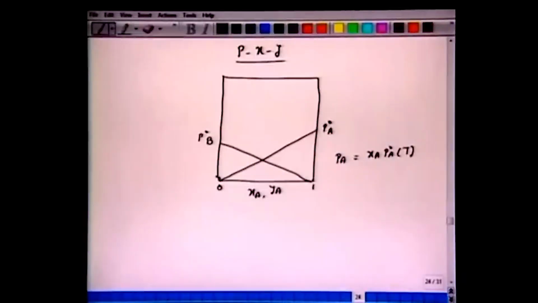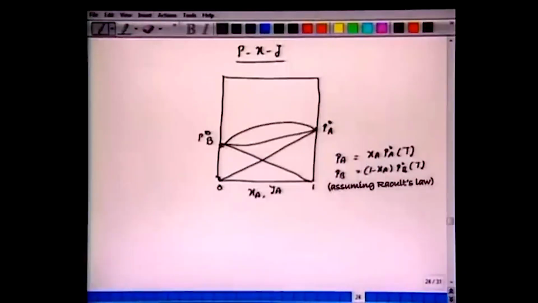So it's linear. Similarly, the partial pressure of B would be 1 minus XA times the vapor pressure of B. So with this one can then plot PT versus X and PT versus Y. I leave this as an exercise. We have this PT versus X and we have PT versus Y.